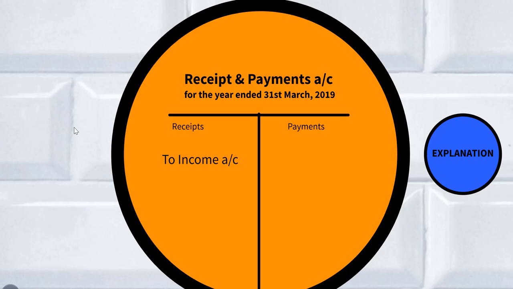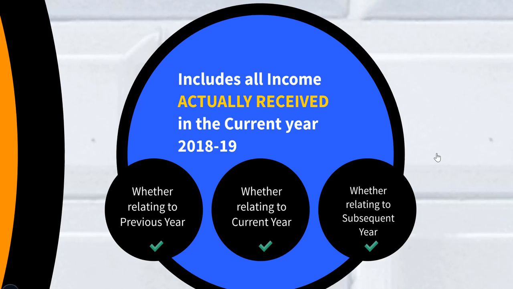In the receipts and payments account, the income is shown on the debit side, receipts side. We must remember that the income which is shown in the receipts side includes all income which is actually received in the current year 2018-19.